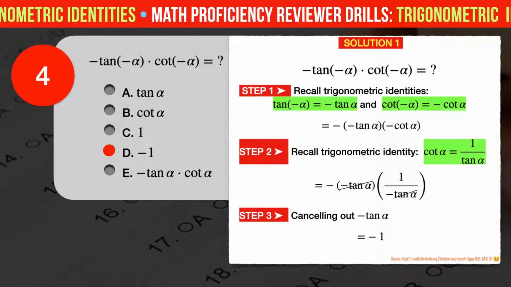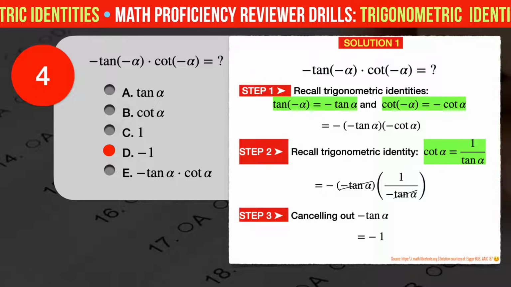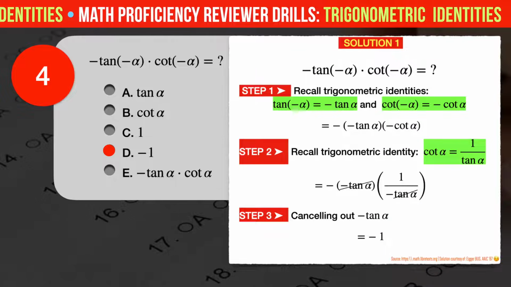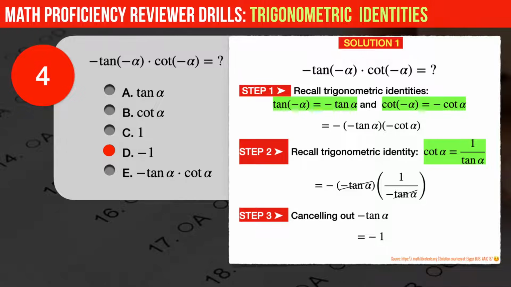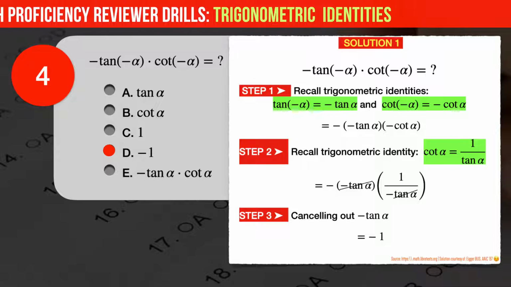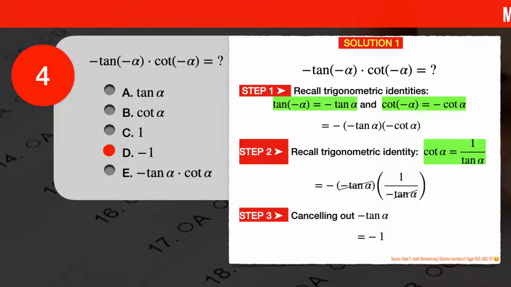We end up with a minus tangent alpha multiplied by 1 over minus tangent alpha. We simply cancel out the minus tangent alphas, and should end up with minus 1. Alternatively, we could have used the trigonometric identity, tangent alpha equals 1 over cotangent alpha in step 2, and we'll have ended up with the same correct answer.